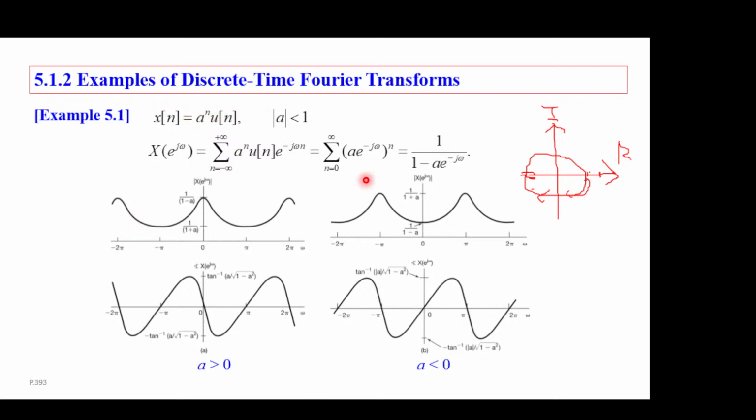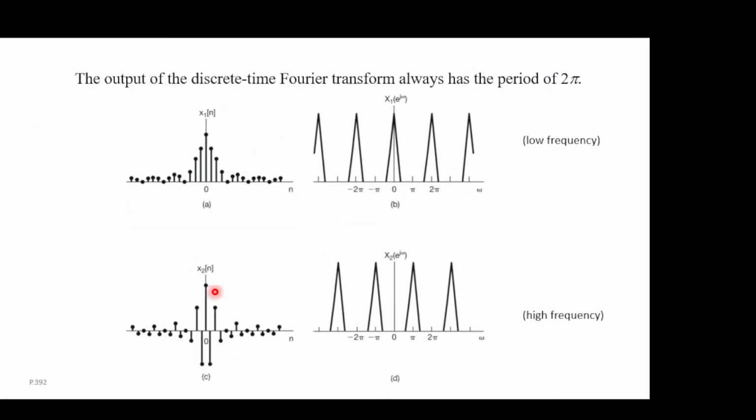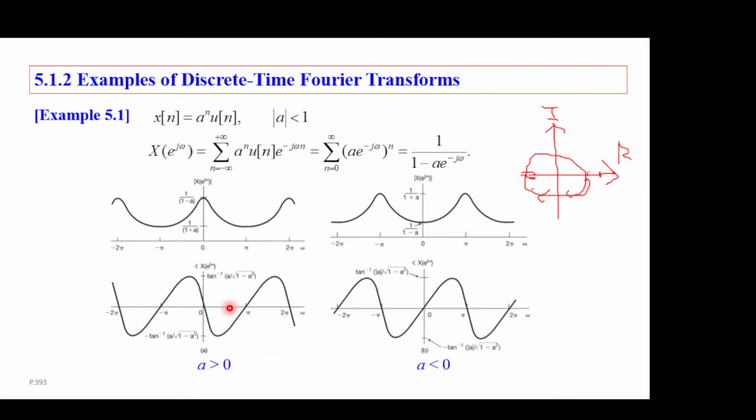Because a has a minus sign in it. So this will go like this, although it's actually an exponential decay. But it has this up, down structure because you have a minus 1 in your a, and that corresponds to high frequency. And so that checks with our calculation here. Okay? Any question?